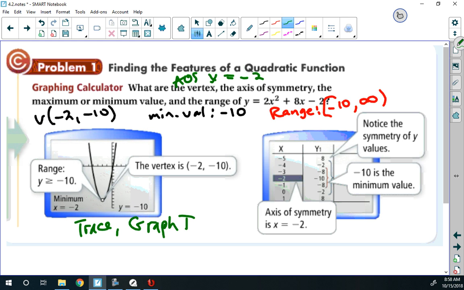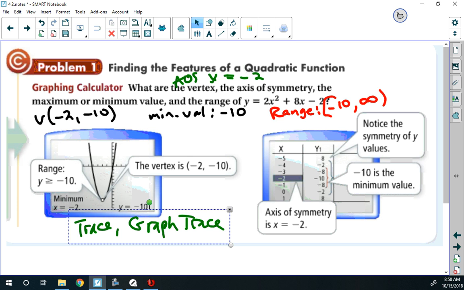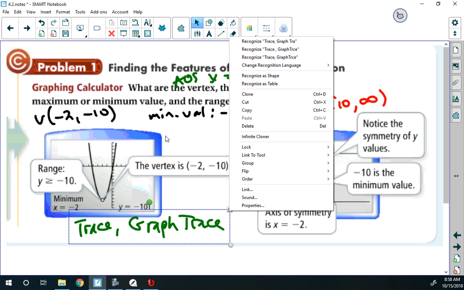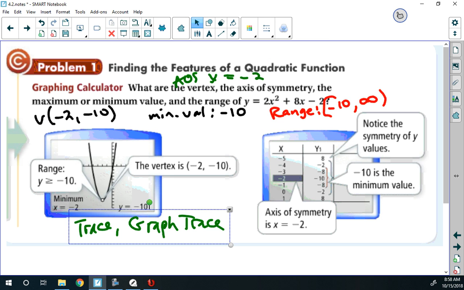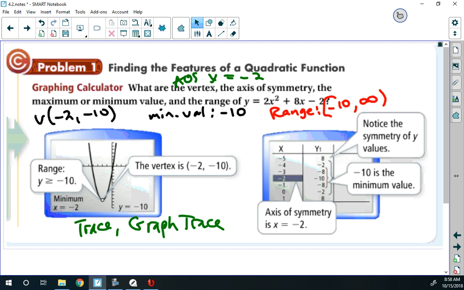That's going to be the most effective way to find that. How are we doing so far? Was everybody able to find the trace, graph trace on the calculator? Good. Cool.